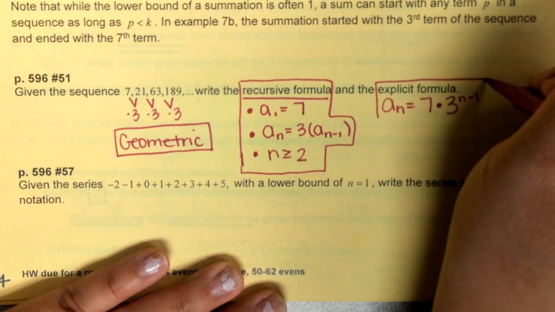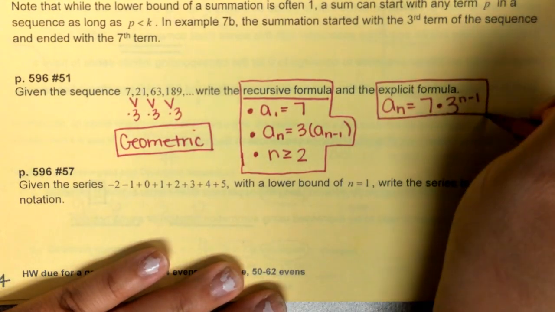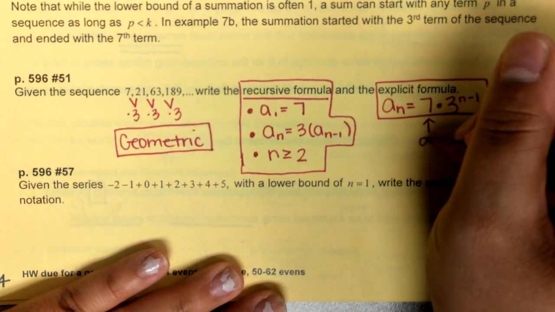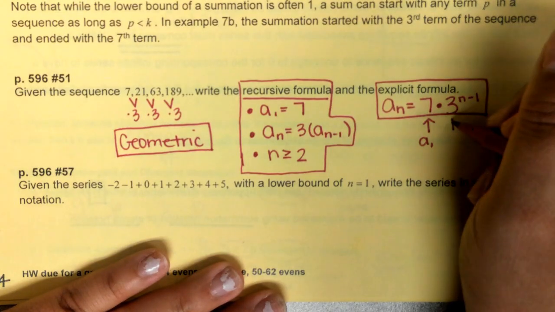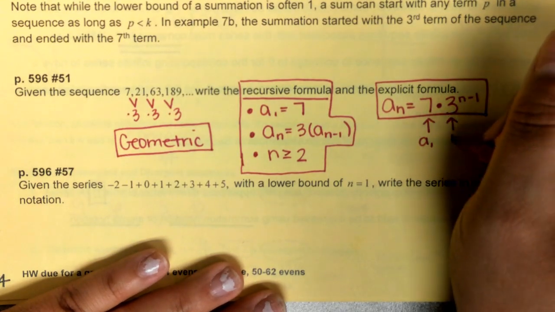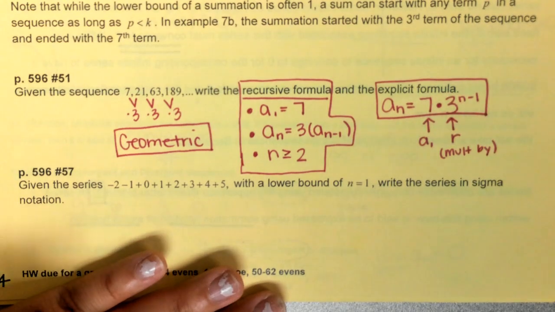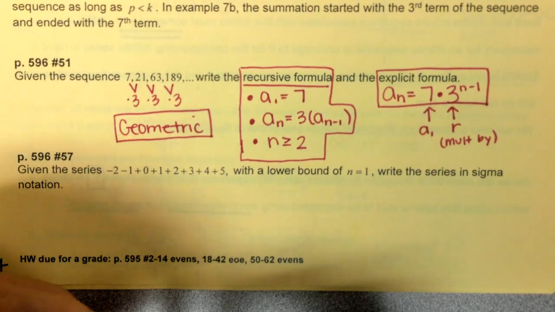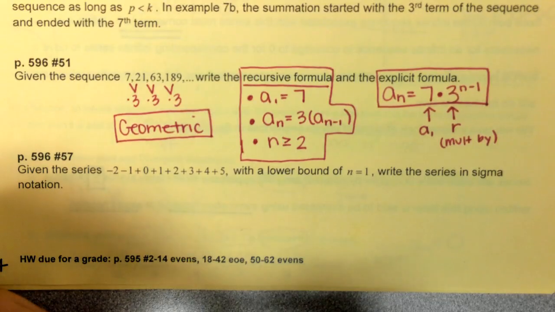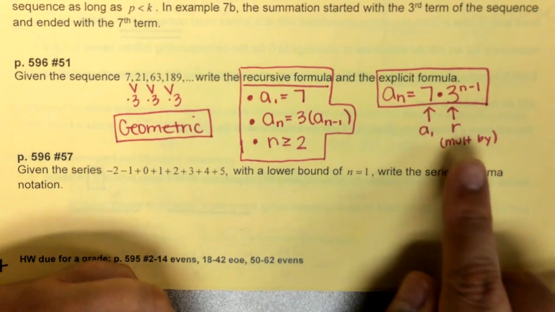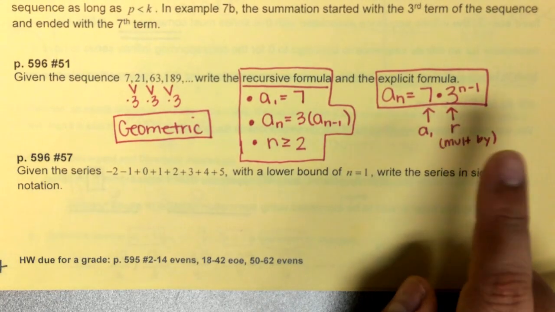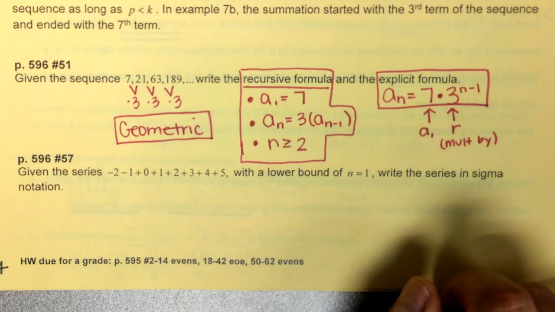This is the explicit formula. It is always going to be your A of 1 times your R, whatever you multiply by, to the n minus 1. This will only work for geometric. It will only work if you multiply by the same number each time.